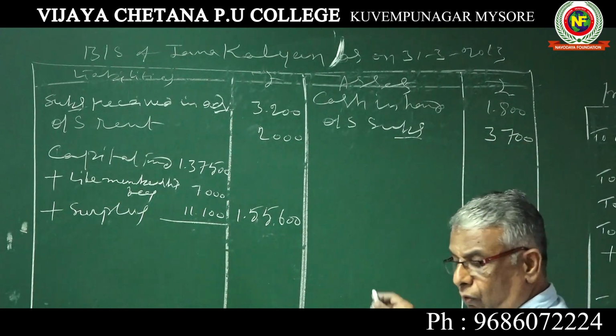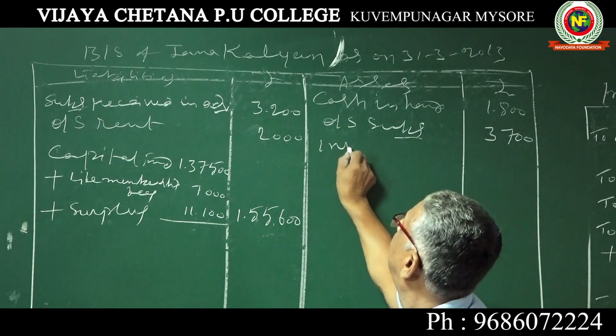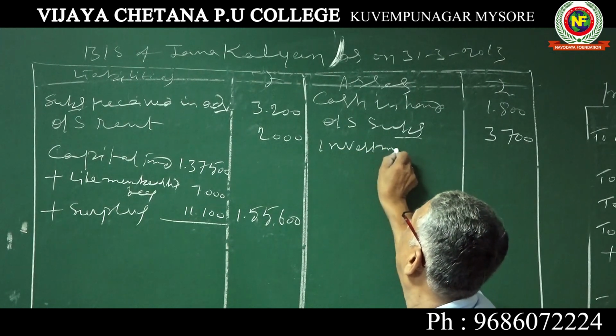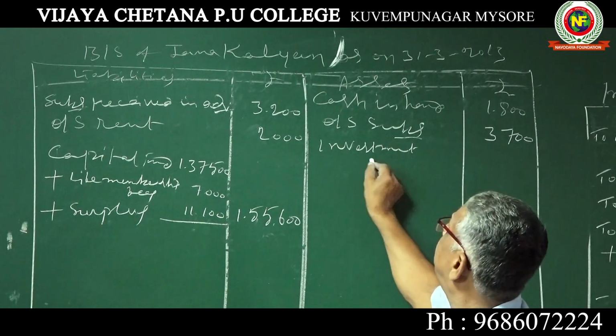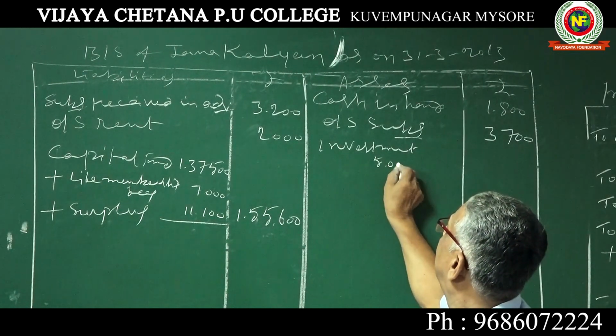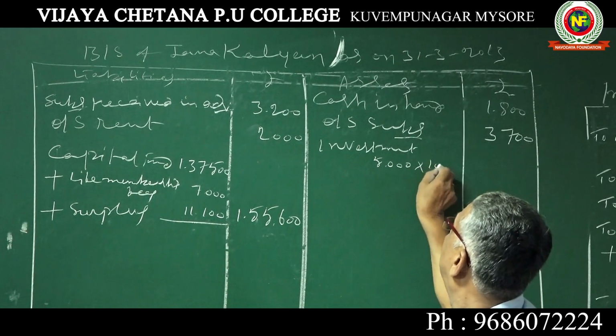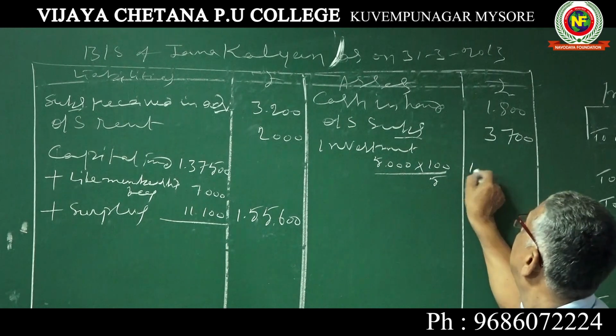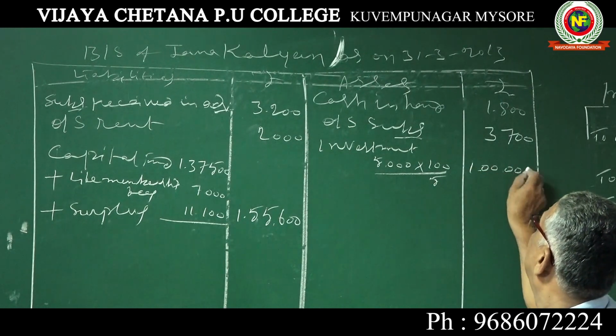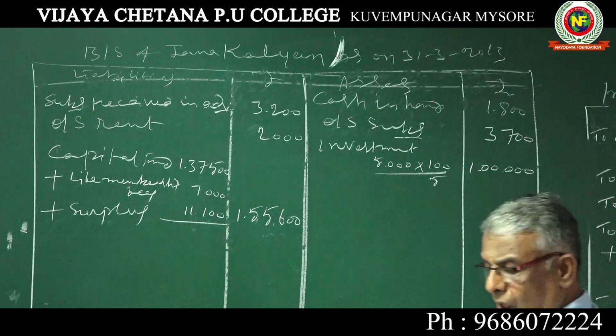And then investments. As we have already calculated, investment 5,000 into 100 by 5, that is, investment is 1 lakh.